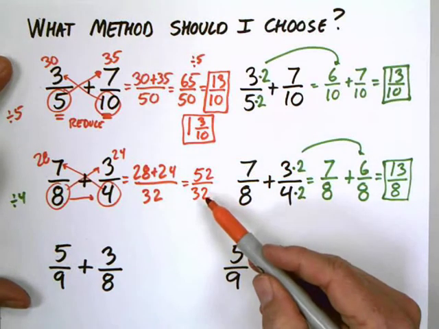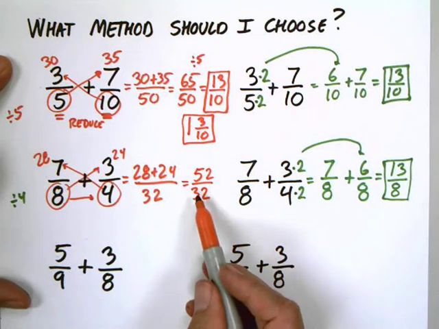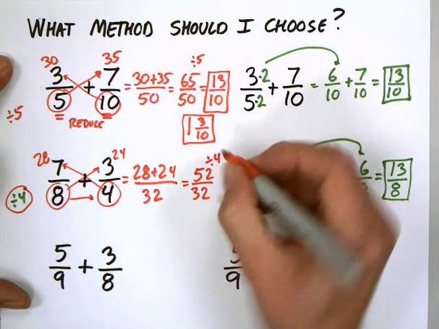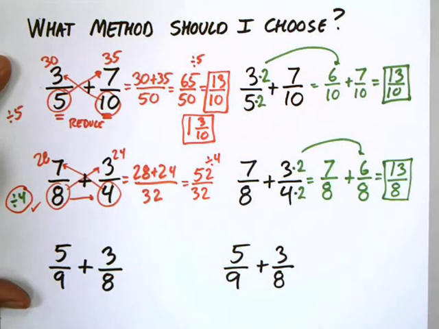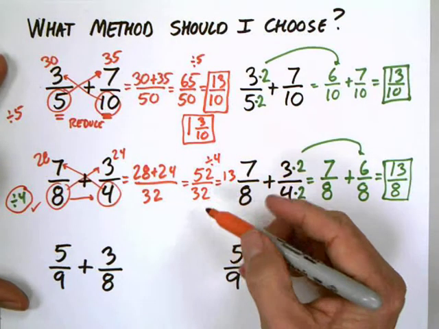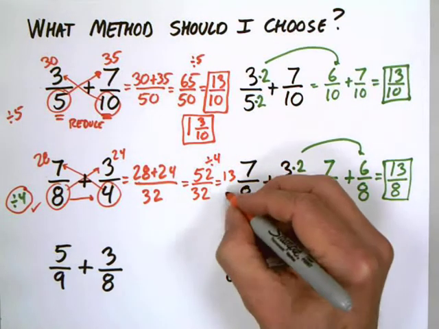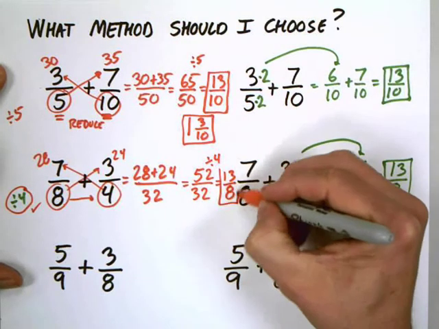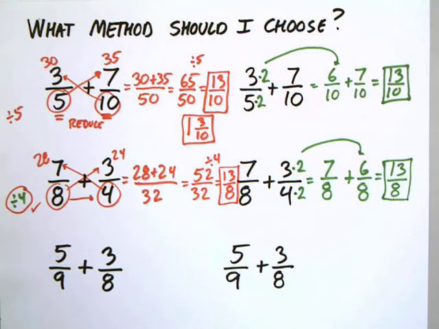And that's a pretty difficult thing to reduce. I know I can reduce it by a special magic number. I know I can reduce it by 4 because that's what I have right here. So 52 divided by 4 is indeed 13, and 32 divided by 4 is indeed 8. So I get 13 over 8, and that's going to be my final answer.